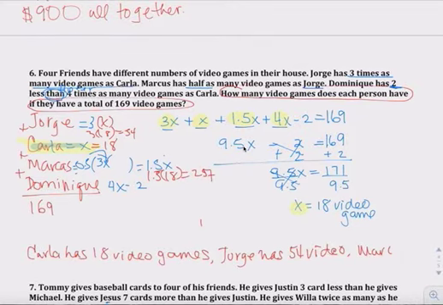Okay, let's find Dominic. 4 times 18 minus 2. 4 times 18 is 72, minus 2, that's 70. That's a lot of video games.